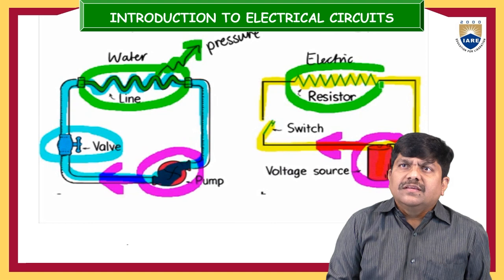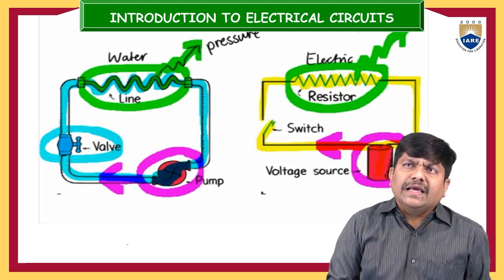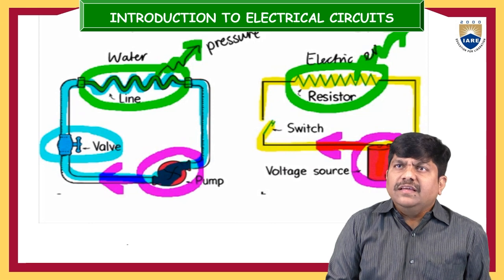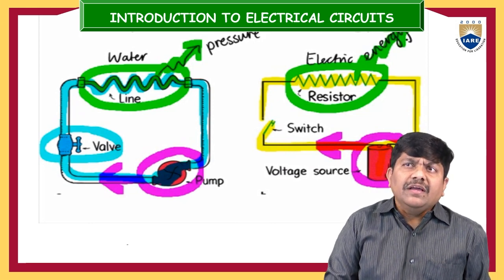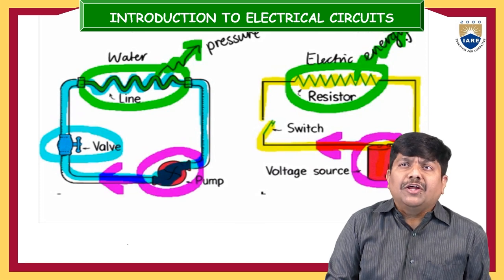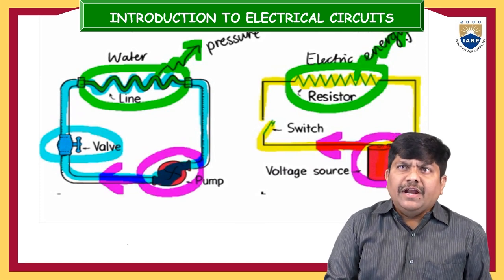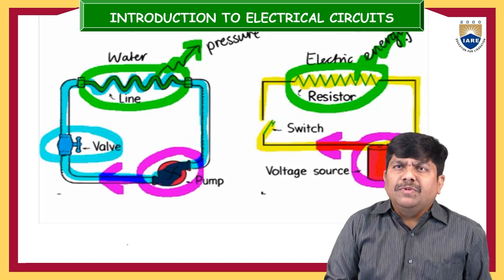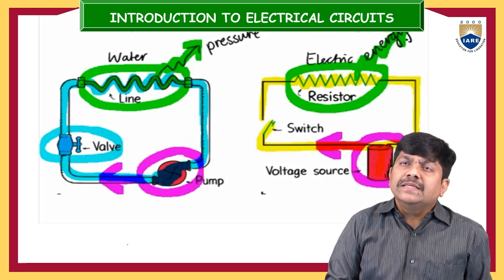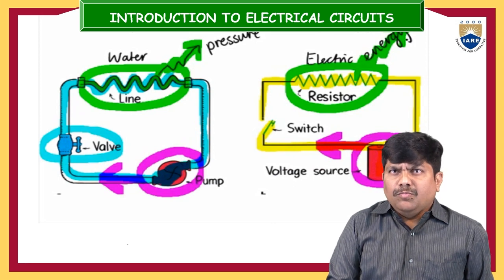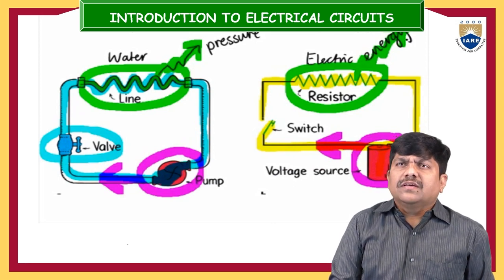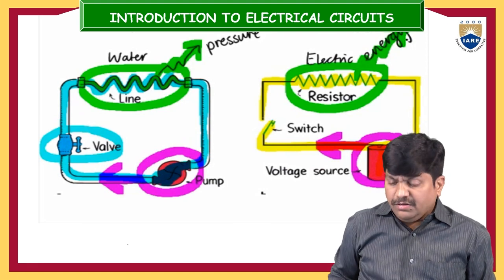That opposition is called resistance. It will also create some pressure on the electrical charge, that is called a resistor. Because of this resistor, there will be an obstacle for the electrical energy. So pressure and energy are similar. Voltage source and pump are similar. And water is similar to the charge particles or electrical energy, that is the charge flowing in the electrical circuit.